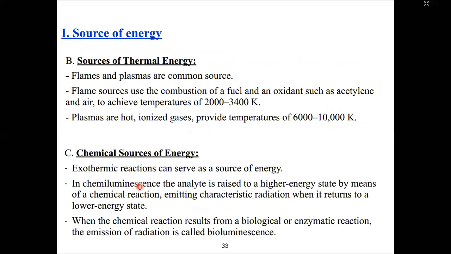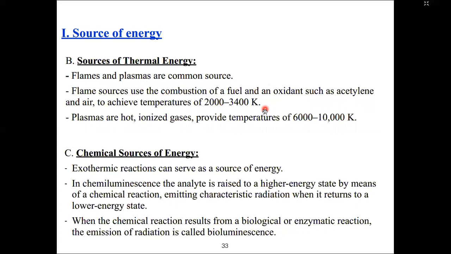So other sources of energy are thermal energy. Thermal means heat, right? Of the thermal energy, there are two common sources, that is flame and plasma. Flame is obtained by the combustion of fuel and oxidant, such as acetylene and air, to achieve the temperature of 2000 to 3400 Kelvin. So the flame is the same as what we have in our gas stove, in our kitchen, or in our chemistry lab.